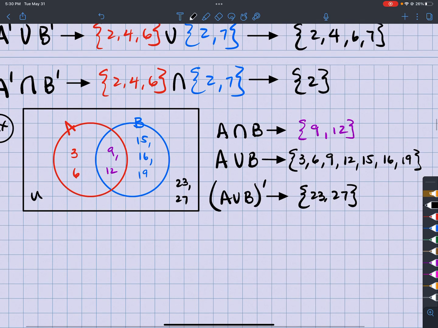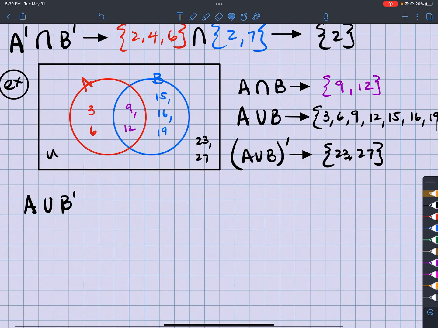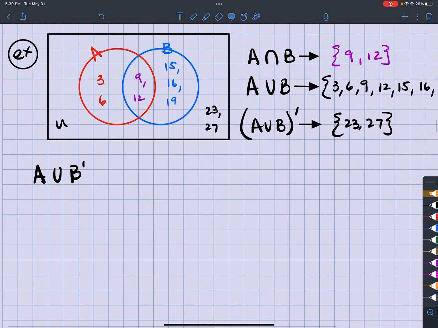Well, I hope. Well, actually, let's do one more. What if I said A union not B? Let's bring this all the way over here. Right? So again, some of you guys work better in roster form, right? So let's go ahead and put this out as roster form. Right?